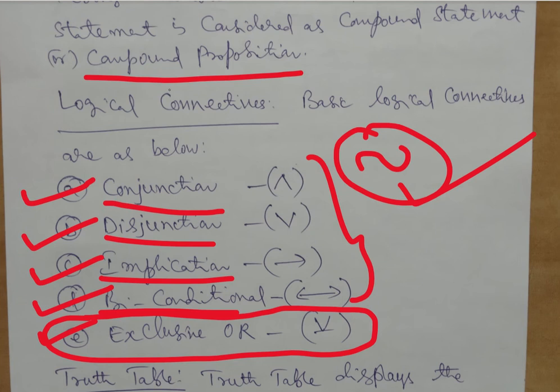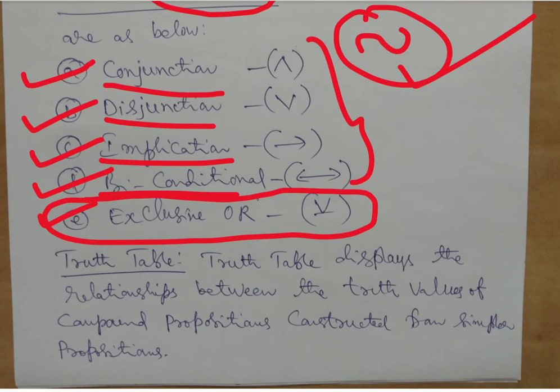Be careful with the term logical connectives, because you might also have heard about logical operators. So don't get confused between logical connectives and logical operators. We'll see why. Now, what is the truth table? I need not say, you all know a truth table: it gives the relationship between the truth values of the various propositions associated in the given compound statement.